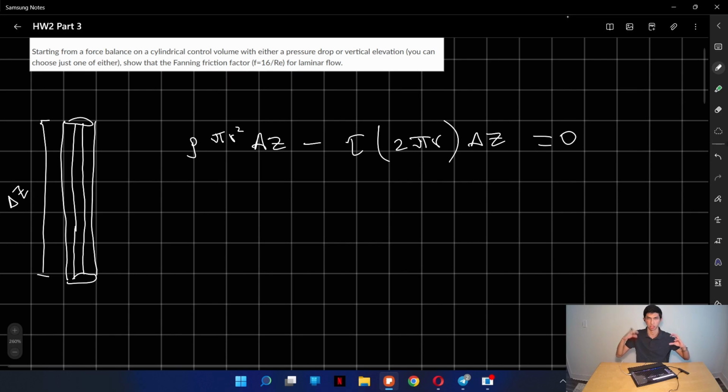So it's like the friction force on the wall. Our delta z's are going to cancel, our pi's are going to cancel, and we're left with one r on the first side. And the shear stress itself is the viscosity times the change in velocity over the change in radius.